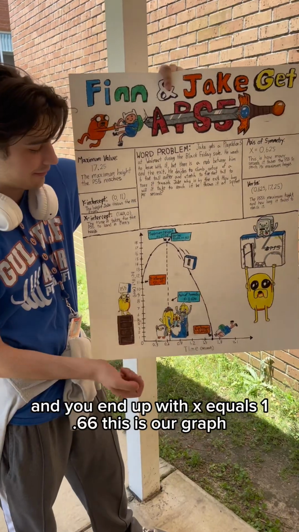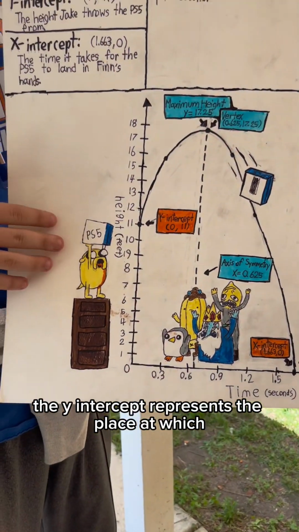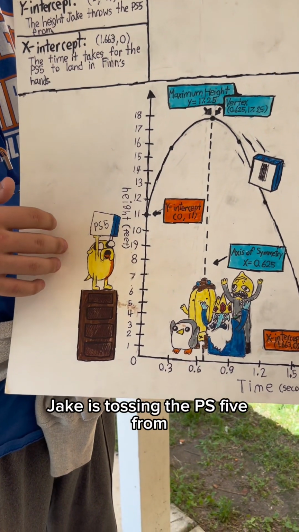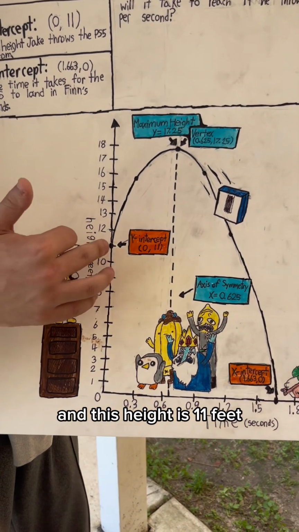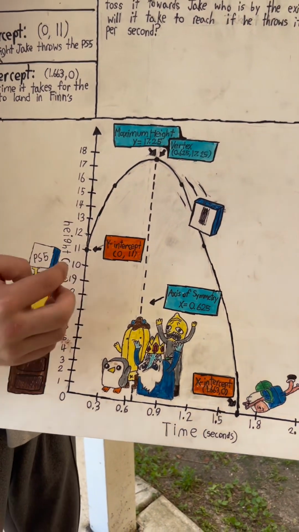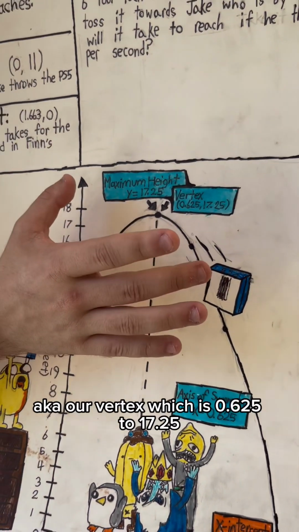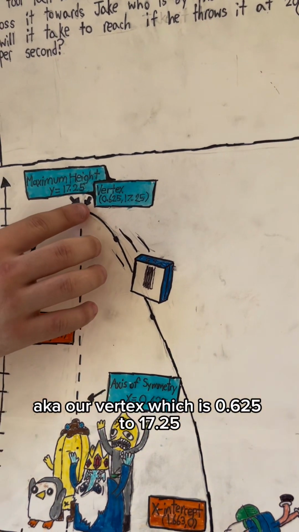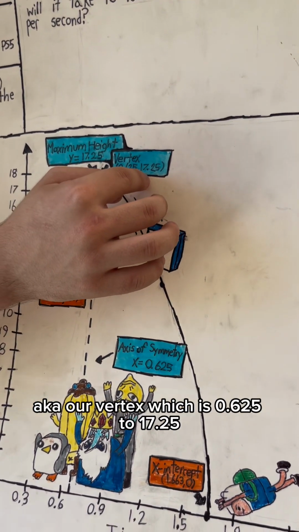This is our graph. The y-intercept represents the place at which Jake is tossing the PS5 from. This is shown by the drawing here, and this height is 11 feet. Then we get to our maximum value, aka our vertex, which is 0.625, 17.25.